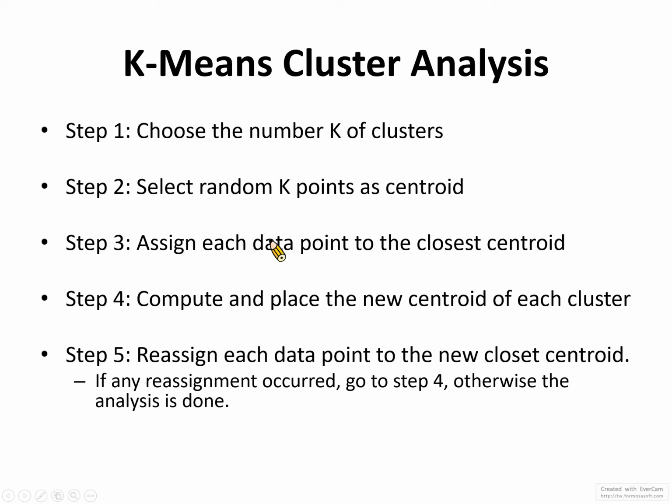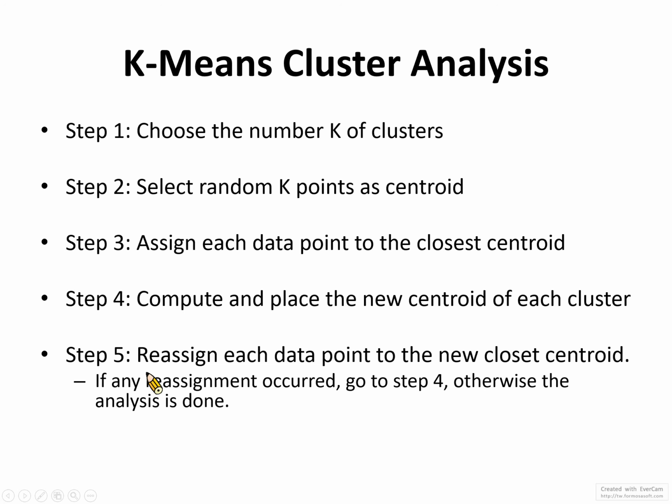But that cluster is not optimized, because we need to define the centroid and find out if that centroid is reasonable or not. So maybe we can find a new centroid that can more reasonably define the cluster. So that is what K-means clustering is all about.